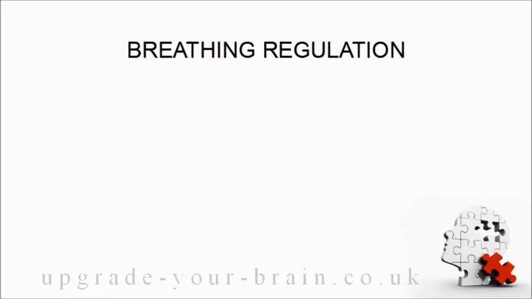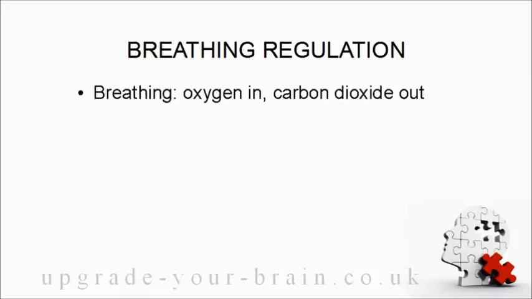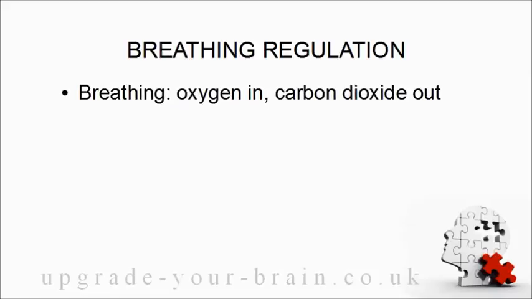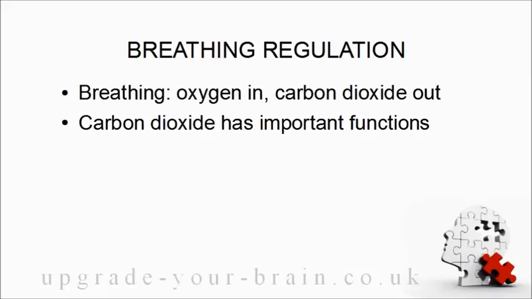Let's talk about how overbreathing can cause problems. So breathing, as you know, is about taking in oxygen and getting rid of carbon dioxide. So carbon dioxide is essentially a waste product. But as I said earlier, carbon dioxide is not just a waste product. It has important functions, and particularly in the blood, where it controls the pH or acidity. And that's something that the body needs to keep in tight control of.